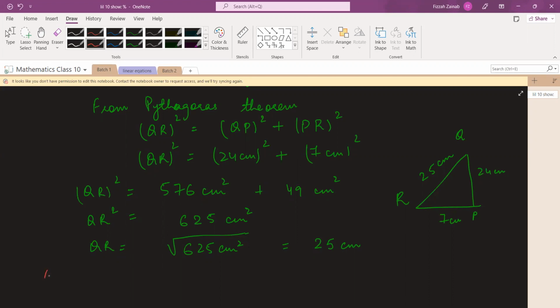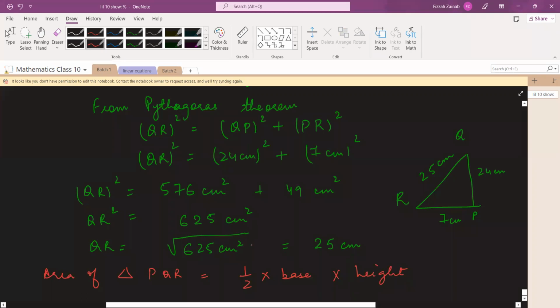So let us find out the area of triangle PQR. First of all, this is half into base into height, right? So put the values now.